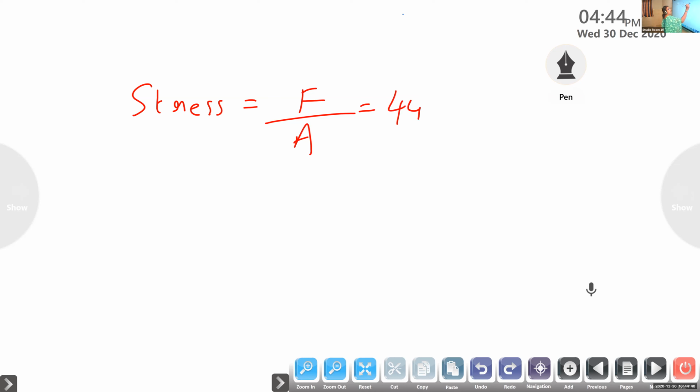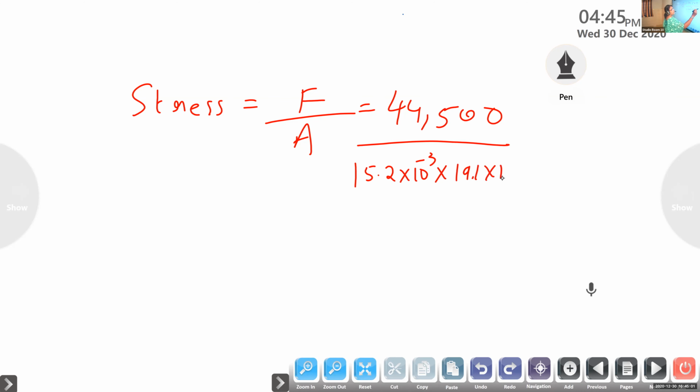Force is given, 44,500. Area is given, 15.2 millimeter. Milli stands for 10 to the power of minus 3, into, it is the length and breadth, no? So 15.2 into 10 to the power of minus 3 into 19.1 into 10 to the power of minus 3.